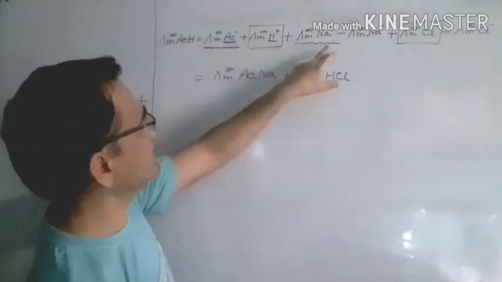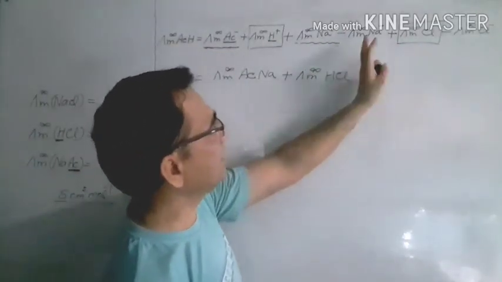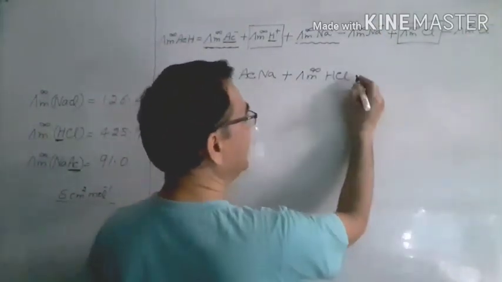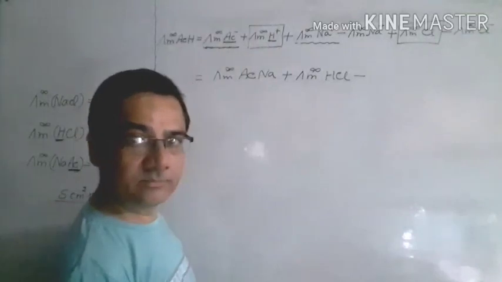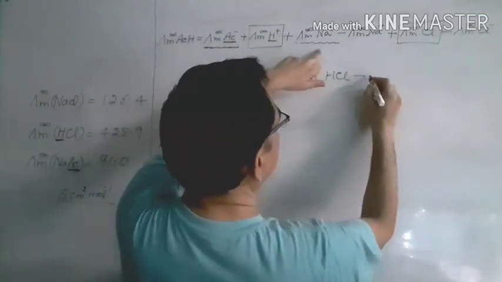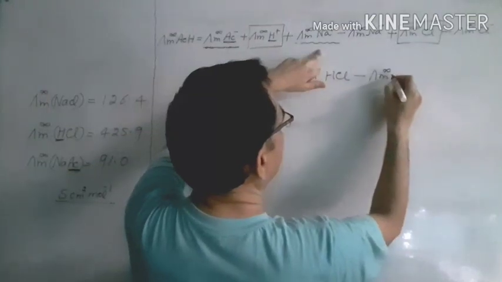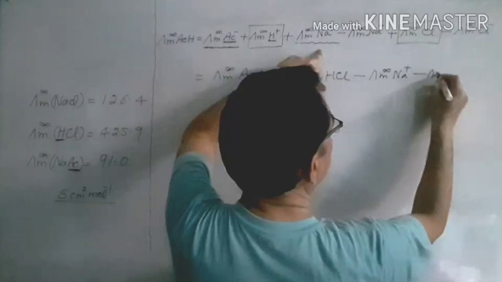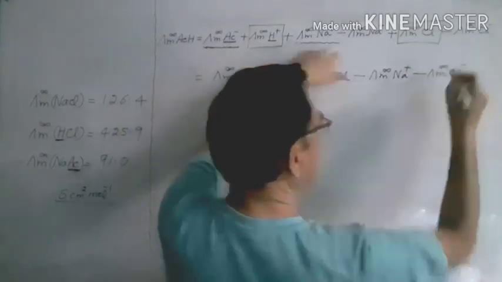Now this is over and these two are over. Now what is left? Minus Na plus and minus Cl minus. So one time we write minus here, and we can show this way: minus limiting molar conductivity of Na plus, minus limiting molar conductivity of Cl minus.